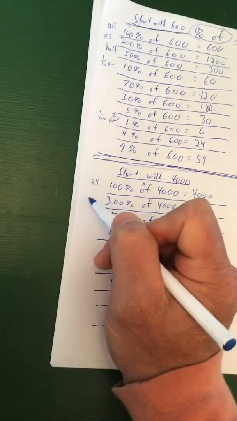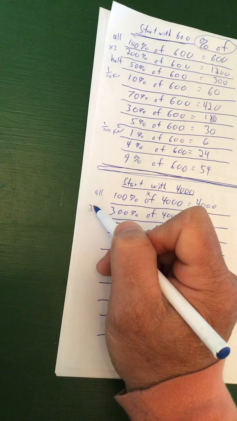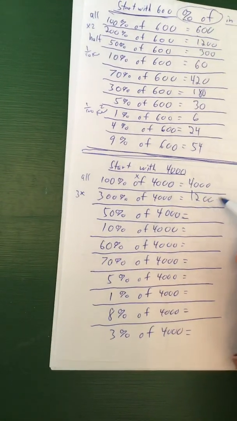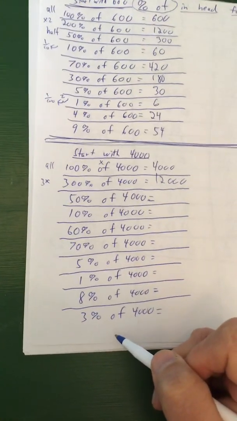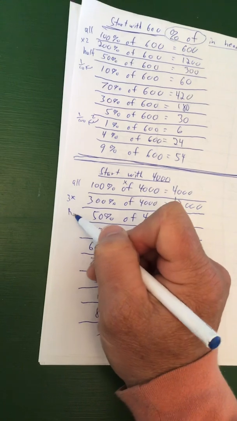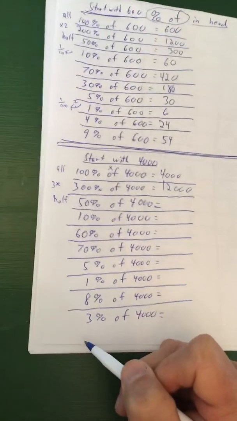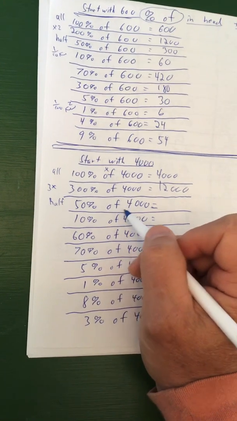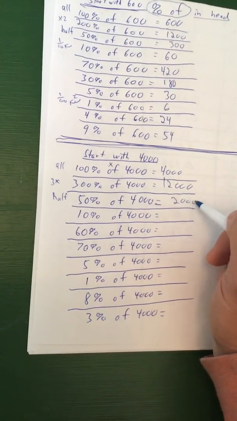This is 3 times, which would be 12,000. Now 50% means half of, which means divide by 2, so half of 4,000 would be 2,000. You can do that in your head.